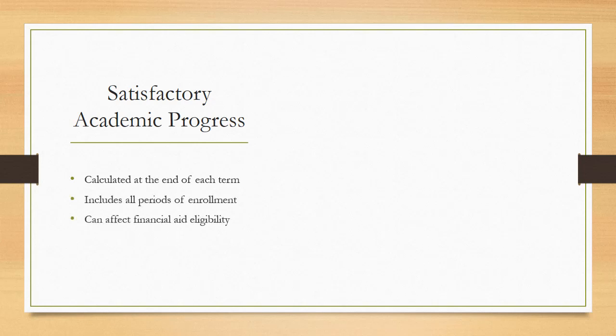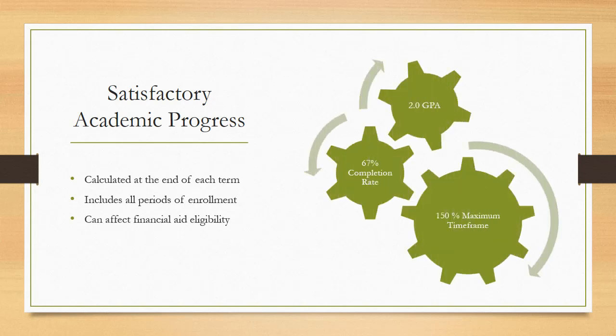To maintain a SAP status of satisfactory, you must maintain a 67% completion rate and a 2.0 cumulative financial aid GPA. You also must complete an eligible program within 1.5 times, which is 150% the normal published time frame. Make sure to check out our Satisfactory Academic Progress video for more detailed information regarding SAP requirements.